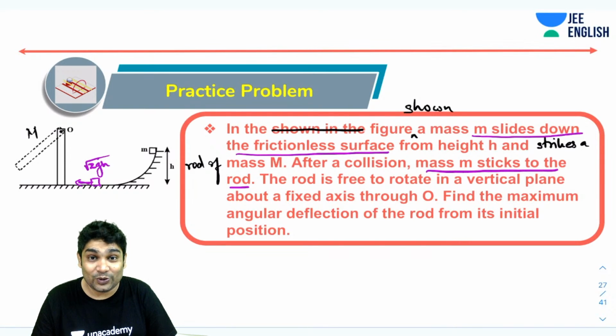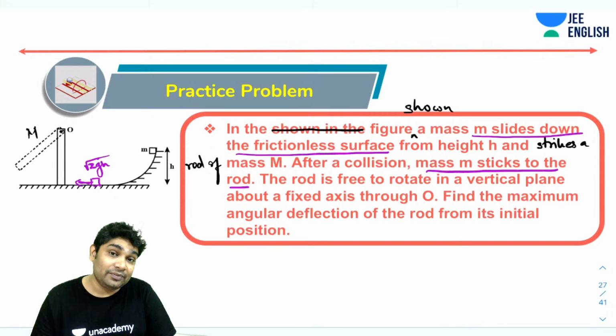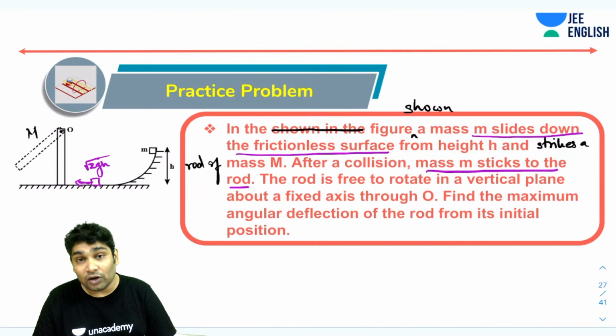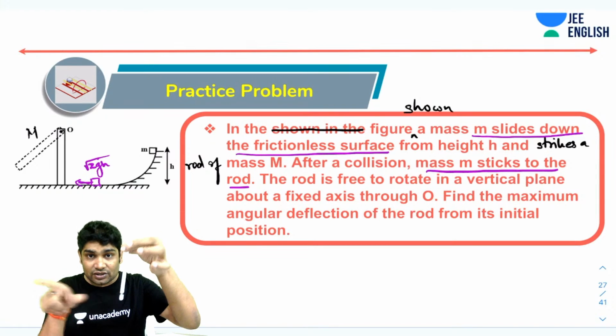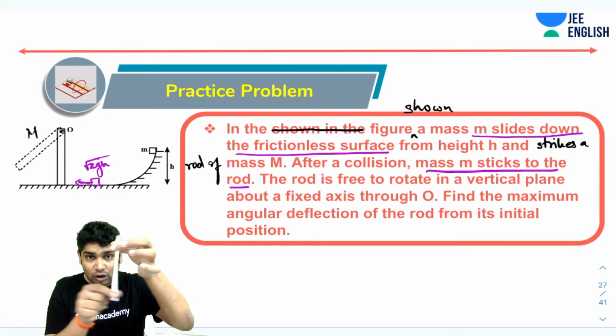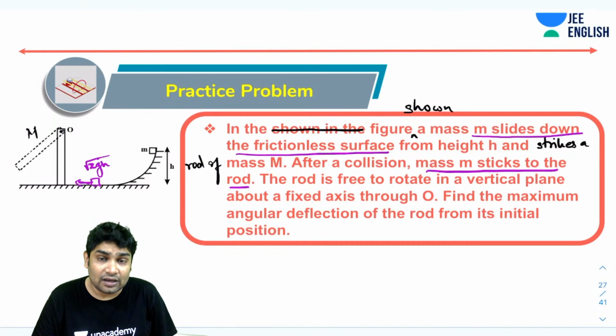No, I can't. Now I have a problem. Since I can't use energy conservation in the collision, how do I know what the velocity will be when this mass strikes and sticks? When it strikes and sticks, this rod will gain some omega, right? How do I calculate that omega? That is the question.